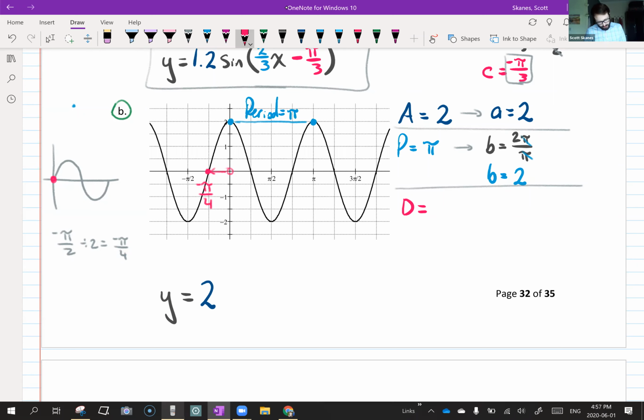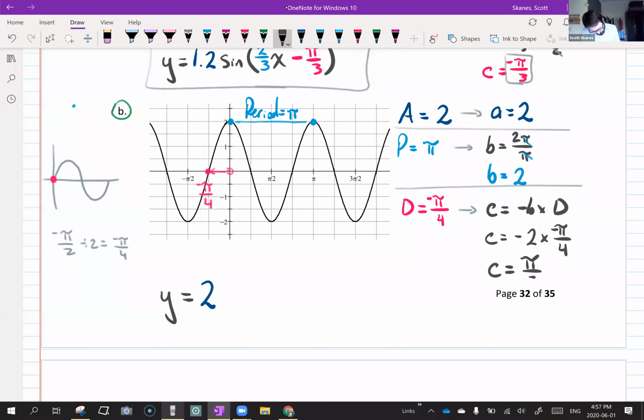So the displacement is indeed negative pi over 2. Oops, negative pi over 4. C follows. So negative B times displacement. C is negative 2 times negative pi over 4. That means it is pi over 2. And now we're done.